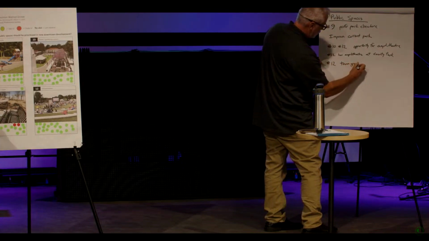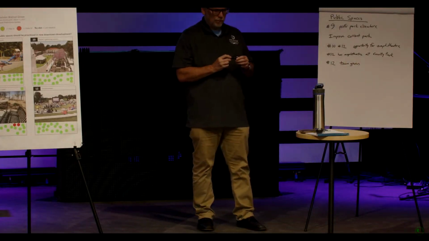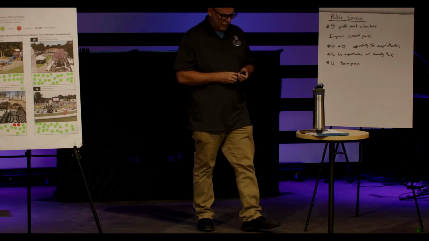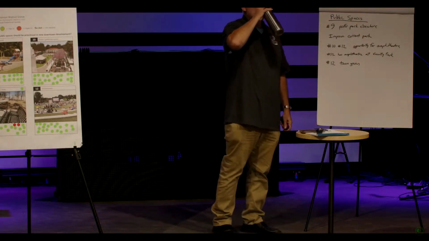I'll get to you in one second. Does Walnut Grove need more neighborhood parks outside of downtown? Improve the current park. Should that be a higher priority than putting new neighborhood parks in? All right.